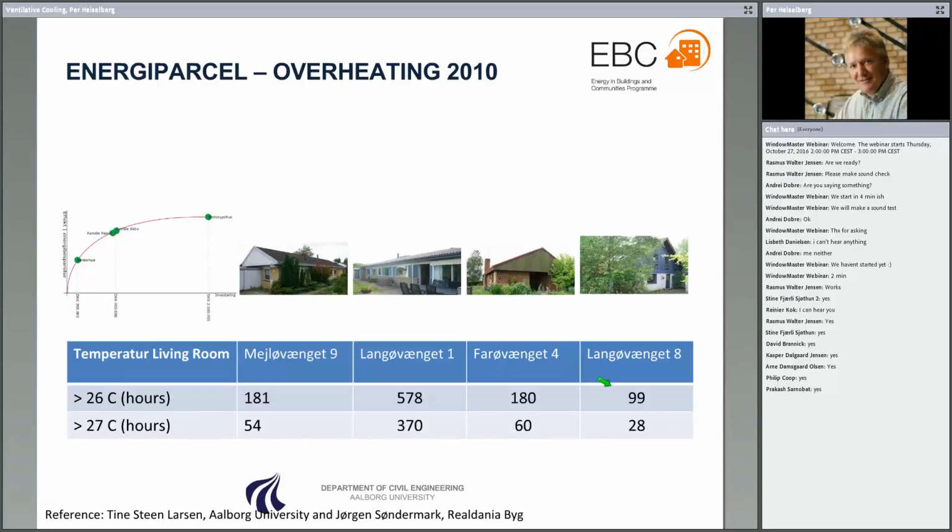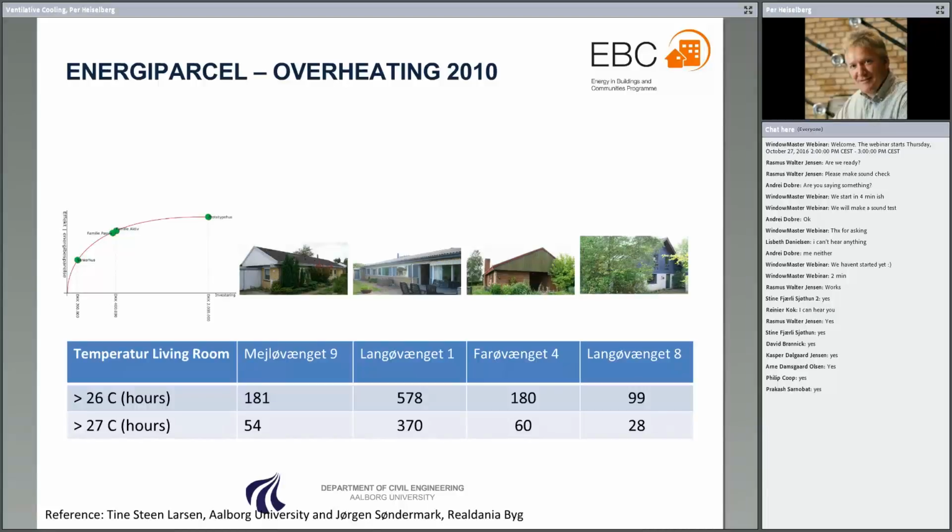So it's not a question of the degree of renovation or the level of energy used, but more a question of how the building is designed, and what the relation is between the heat load from the sun and the thermal loss from the building. But this is an example of a project being done without taking into consideration that overheating could become a problem.